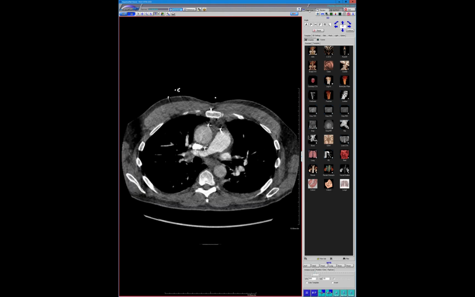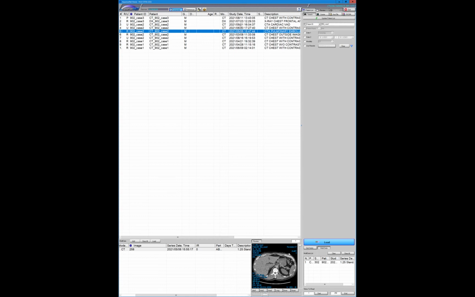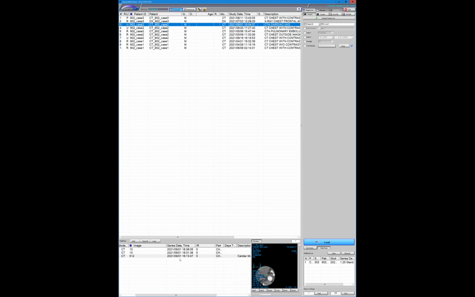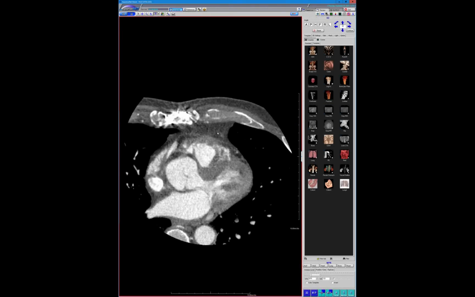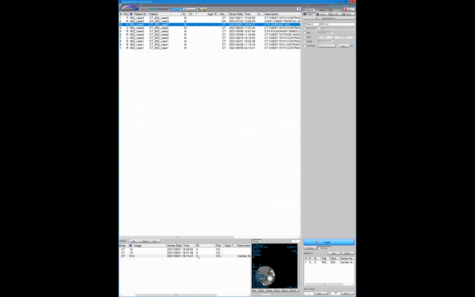And this is post-op, and then basically we had another study the other day, a cardiac CT, and you can see it's better seen on the delay.